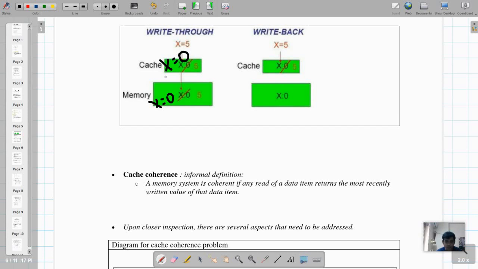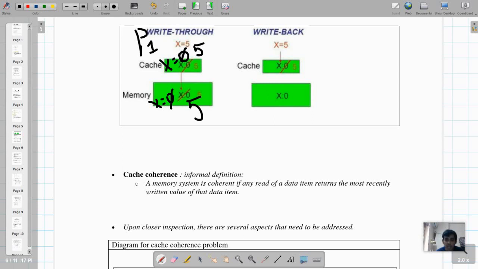Now, after computational execution, this processor P1 updates the value of x to 5, and this updated value is written into the cache. You can see that it is updated here. Now, when the processor is updating the value of cache, at the same time, this value will be updated into the general purpose global memory space also at the same time.